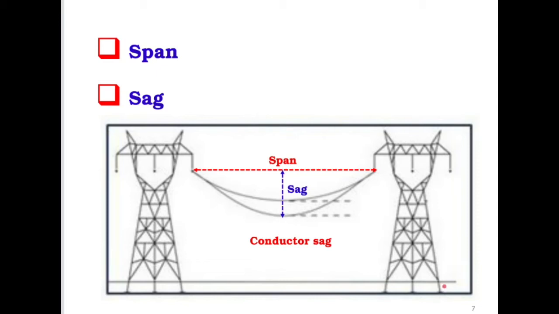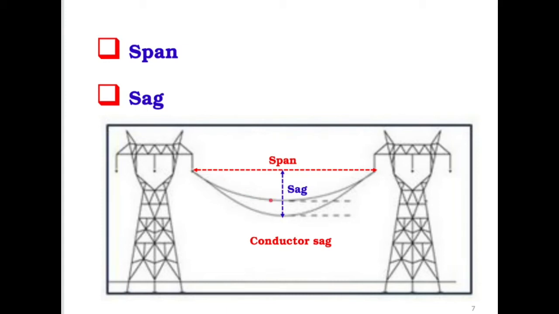That weight is the first thing that is going to cause the sag. If we could string this conductor in a straight line like the red dotted line, there would be no sag, so sag would be 0. Because of the conductor weight, it dips, and we allow a little sag because if we strung it straight, the tension would be much more.